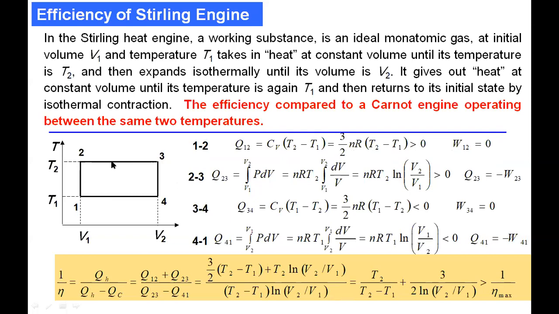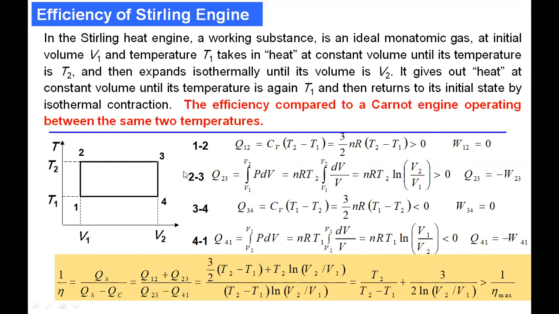Now from 2 to 3, Q23 is the integral from V1 to V2 of PdV, which equals nRT2 times the integral from V1 to V2 of dV over V, and this will be greater than 0, and in this case Q23 equals minus work 23.